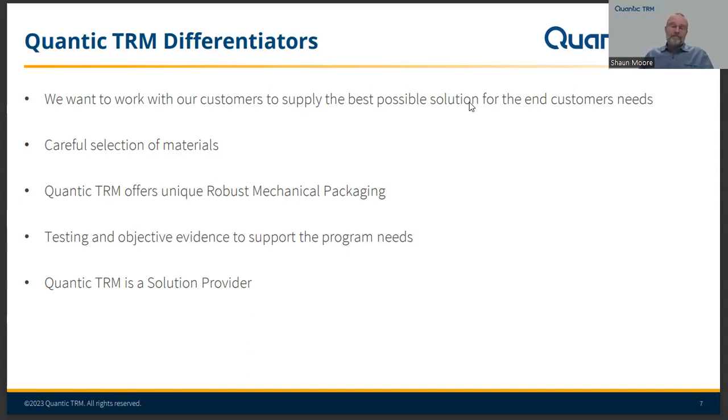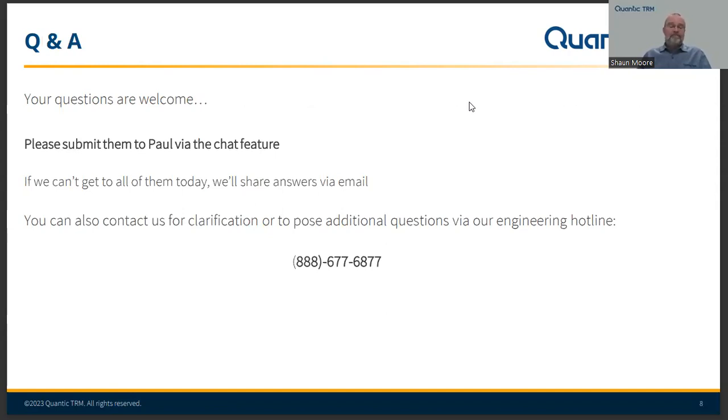Okay, terrific. We do have a question: what do you suggest or recommend for program engineers to do during the early stages to make a determination about the use of high power products or components? Yeah, it's a good question, Paul.